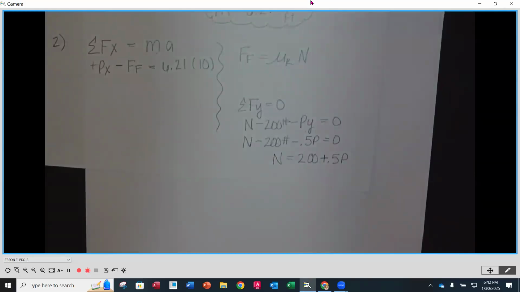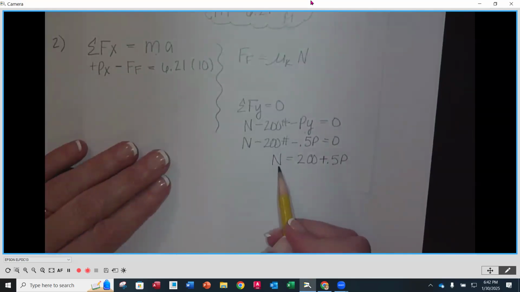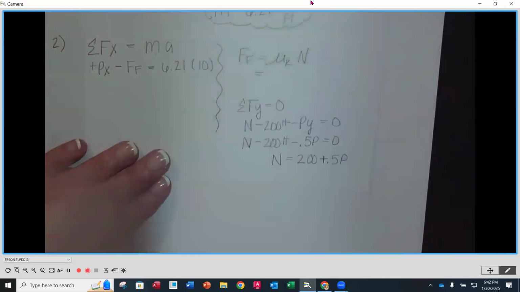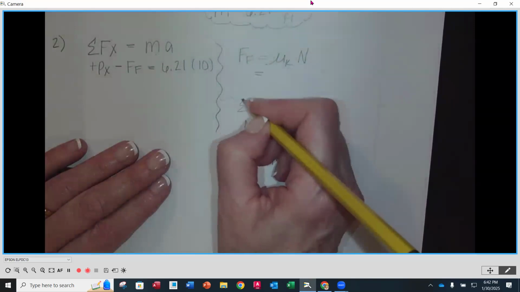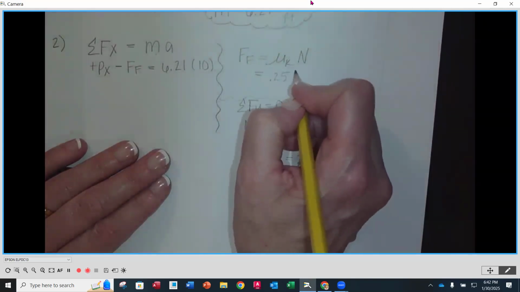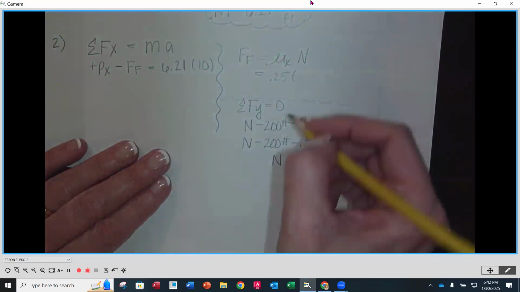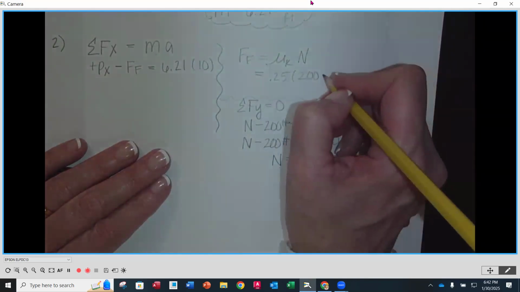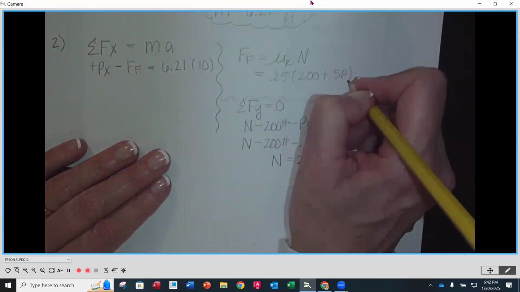Now, we can't solve for that value, but up here, we can insert it for what N is equal to. So we can say that that friction force, I'll put a little line here, is going to be 0.25 times what N is equal to, 200 plus 0.5P.